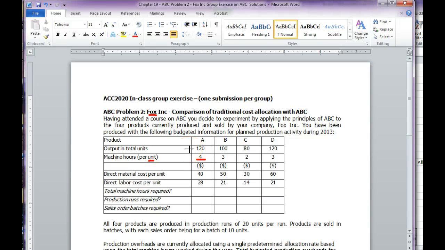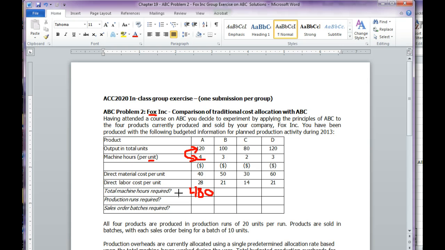We have 120 units we have to make. So we know for A, we just intuitively know from all those years of painful math we had that 120 units, 4 machine hours per unit. Let's see, machine hours required. I know I multiply those, right? So that's 480 is what I'm going to say, right?